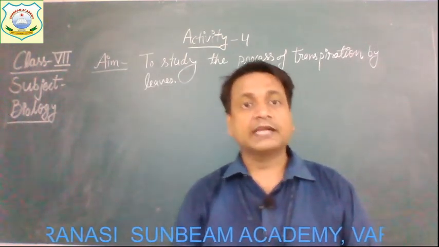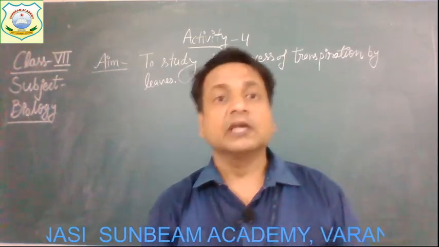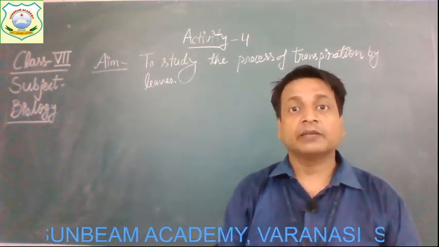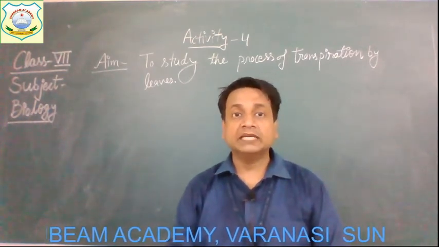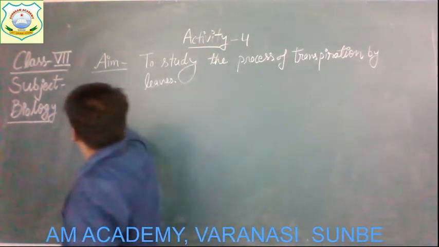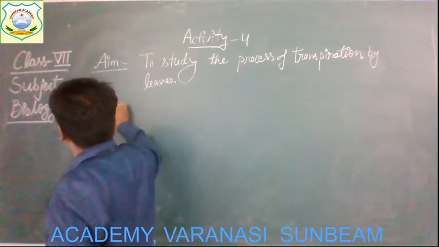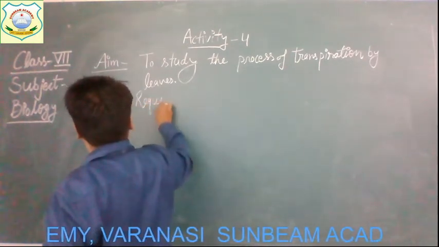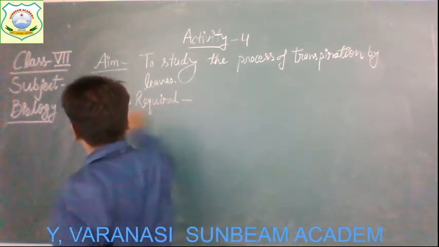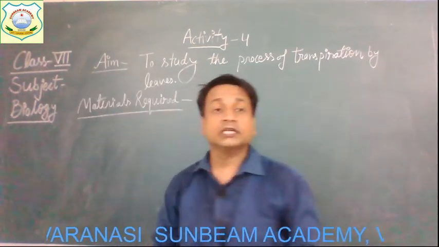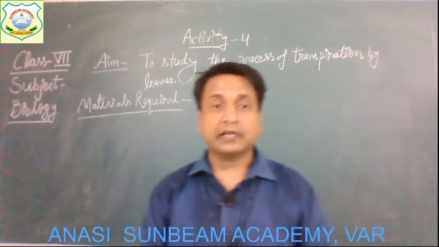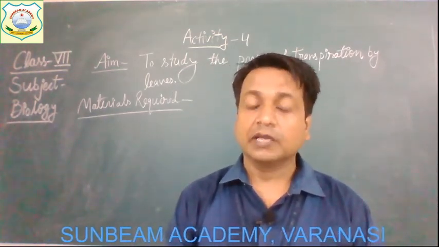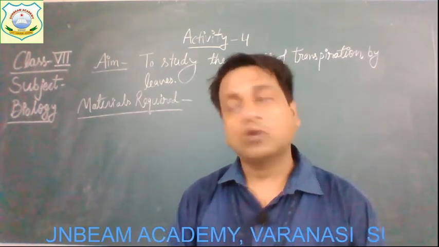After writing the aim, next you will write the materials required, the materials we need to complete this activity. Children, you have seen in the demonstration the materials we used here. First of all, we need a potted plant.